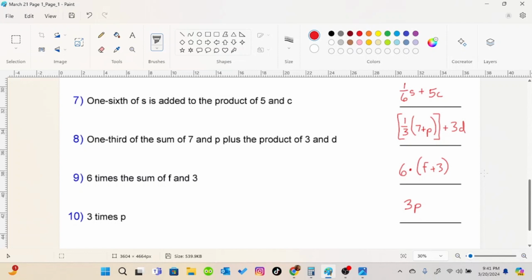If you have any questions about how to turn word problems or word descriptions into expressions, please ask for help so that you have a good solid foundation with this algebraic skill.